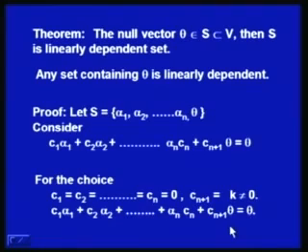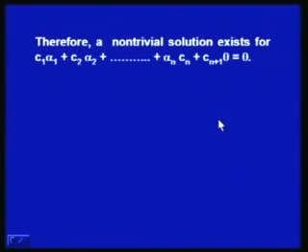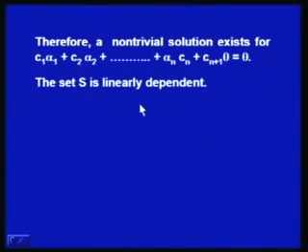So I have found a non-trivial solution, and that is why the set alpha 1, alpha 2, alpha n, theta is a linearly dependent set. So therefore a non-trivial solution exists and it is a linearly dependent set.